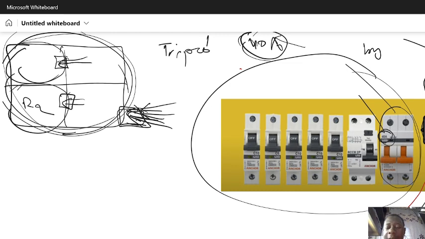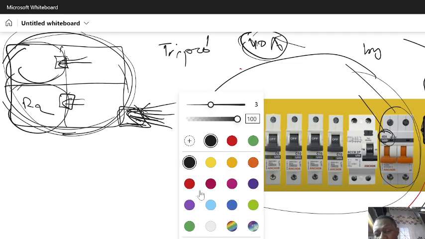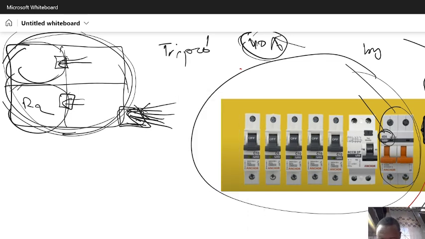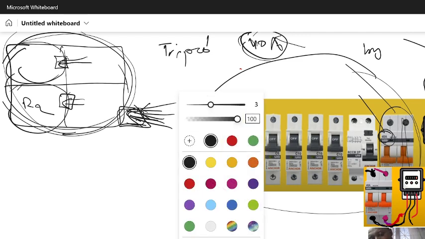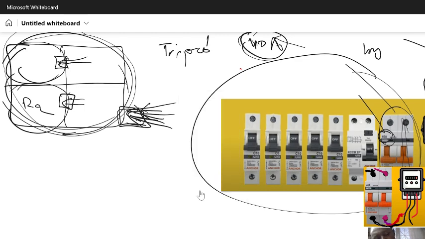There are different types of circuit breaker. Now let's see. I have two terminals in the circuit breaker, this terminal here and another terminal here. If I connect the live from here, the neutral will be connected to here. This line is connected to here. I have to take another line from here, and take the neutral from this side.